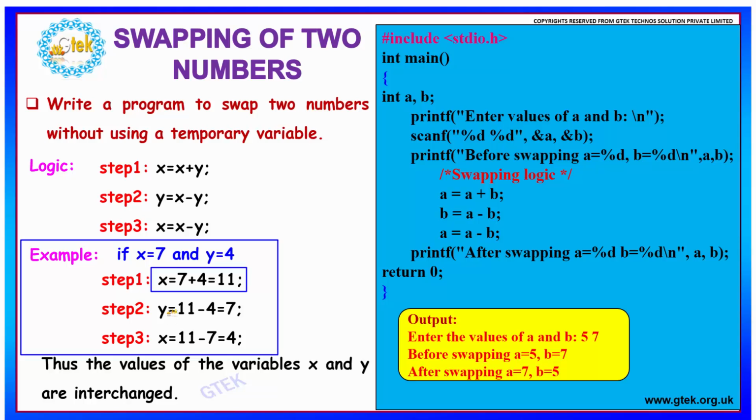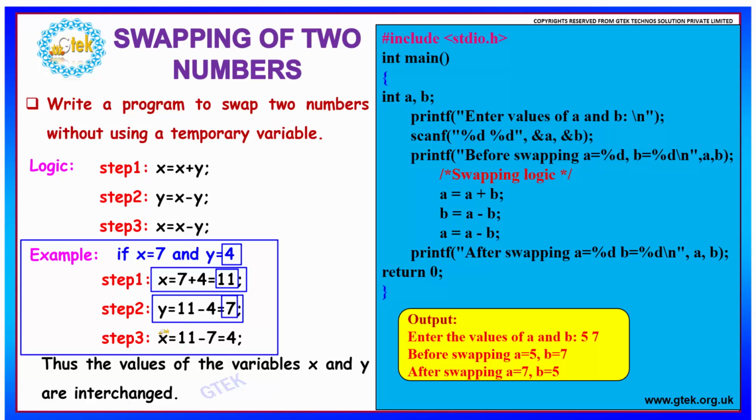And further, in our step 2, we'll be subtracting the value of y from the total of two numbers, that is 11. From 11, if I am subtracting my value of y, that is 4, I have the value of x as the result, and I am storing my x in y.